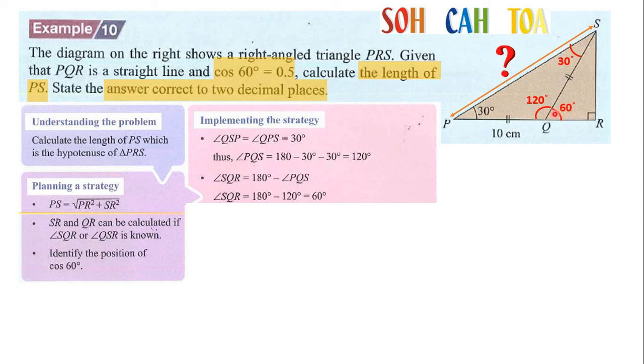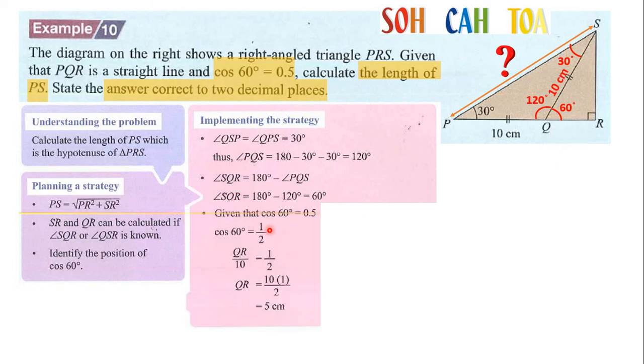Alright, look at the question. Cos 60 is 0.5. 0.5 equals 1 over 2. Cos is adjacent over hypotenuse. Cos 60, 1 over 2, equals QR over hypotenuse.